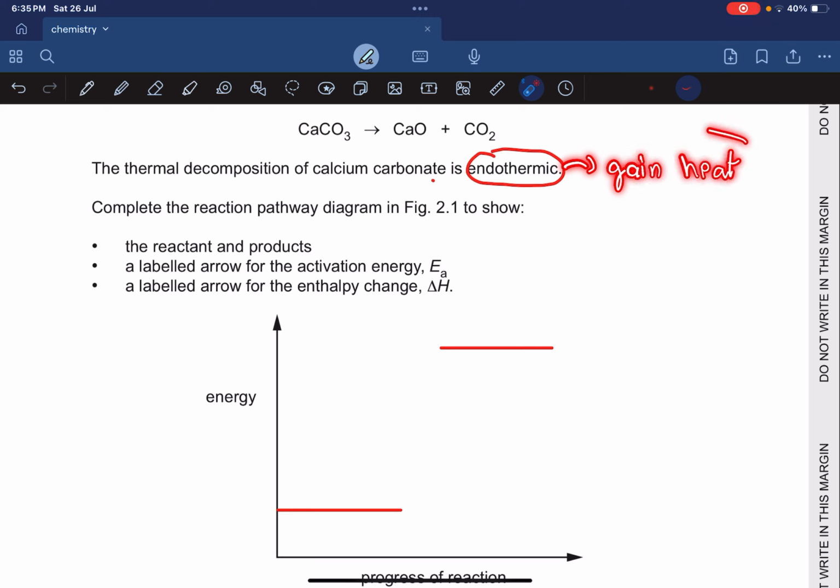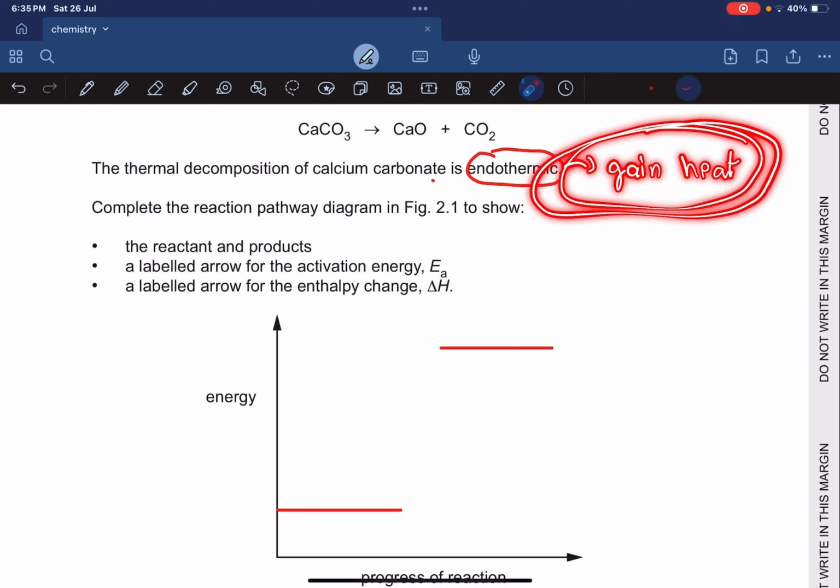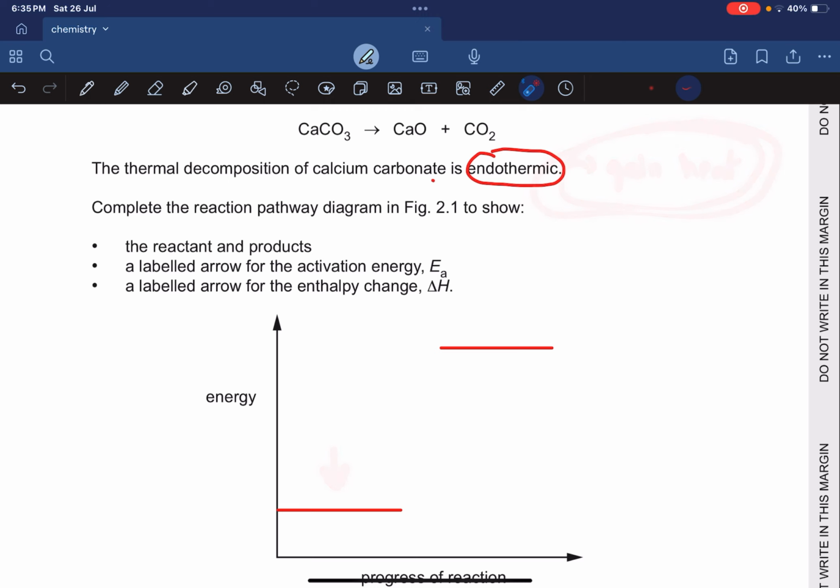When the reactants gain heat, they form products, and the energy of the products has to be higher than the reactants because they've gained the additional heat that's required. So that's why your products are at a higher energy level. So these are going to be your reactants, and over here you're going to have your products.